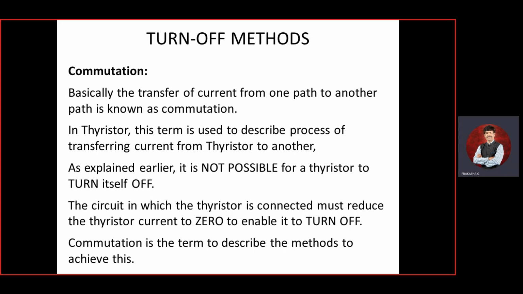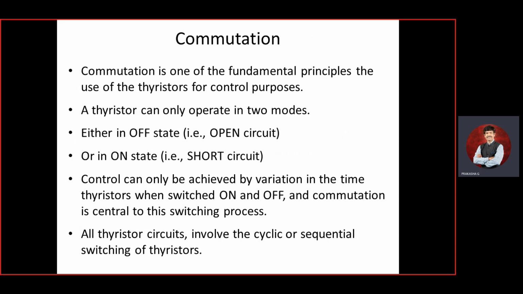Commutation is one of the fundamental principles in the use of thyristors for control purposes. So whenever you want to control the thyristor, commutation is the first fundamental principle. Any operation or any controlling with respect to the thyristor, we go for commutation.